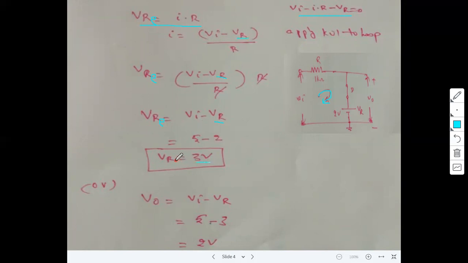Now the voltage across the resistor is equal to 3 volts. Now V naught is equal to 2. Another way of analyzing the clipper circuit: when the output is equal to 2 volts, the voltage drop across this resistor R is equal to 3 volts.